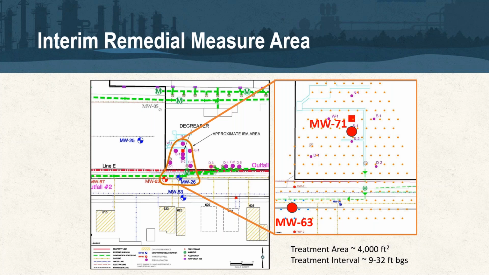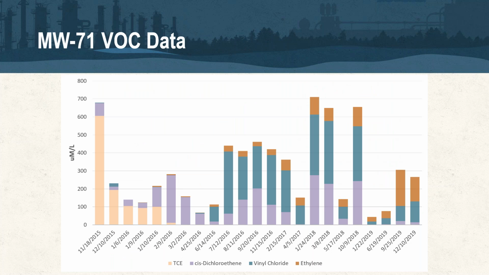And so MW71, the one there that's inside the building that you see, is the one that I'll show you the data from. Here are the molar stack plots. As you can see, when we're starting here, you can see the amount that's in TCE, very little cis, really no vinyl chloride, no ethylene.